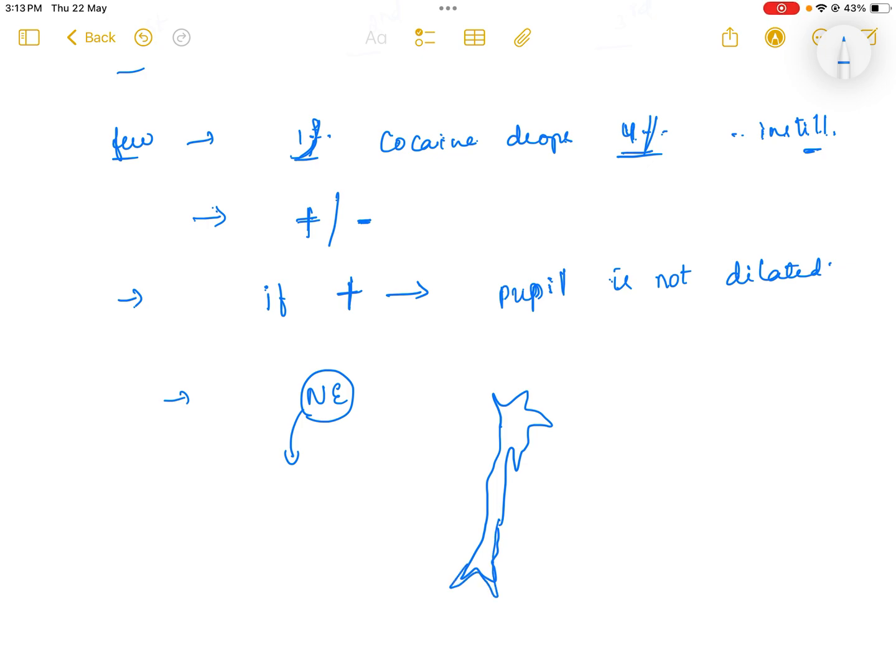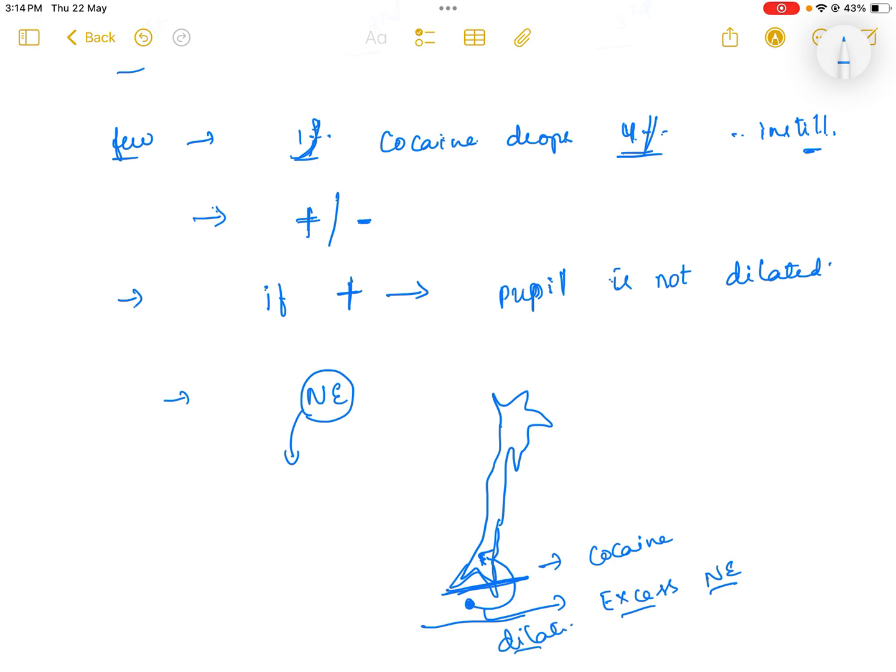So from here, norepinephrine from the synapse, reuptake occurs, which is blocked by cocaine. When this reuptake is inhibited, excess norepinephrine is present at the synapse, which causes dilatation of pupil.